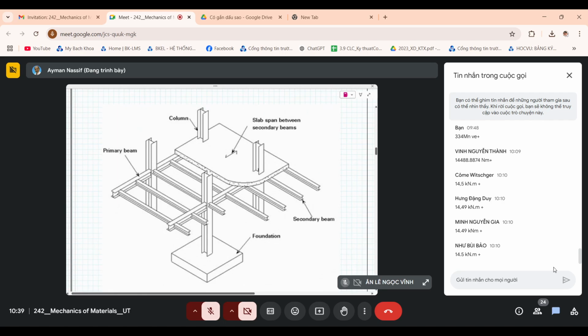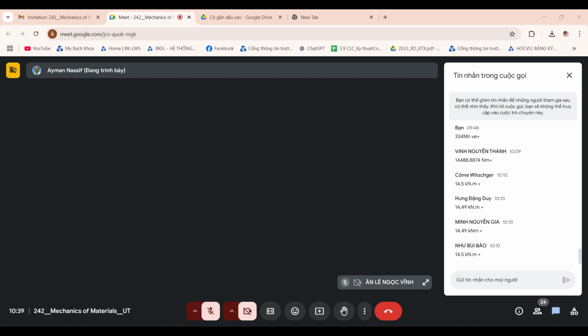If the pressure from the slab is going in one direction, like the example I sketched in front of the students, it will provide a constant intensity pressure on these secondary beams. So there will be uniformly distributed loads on these elements.